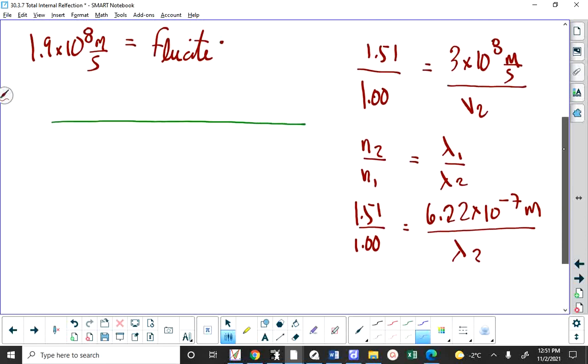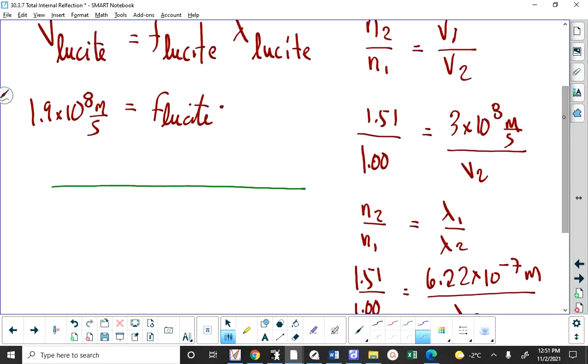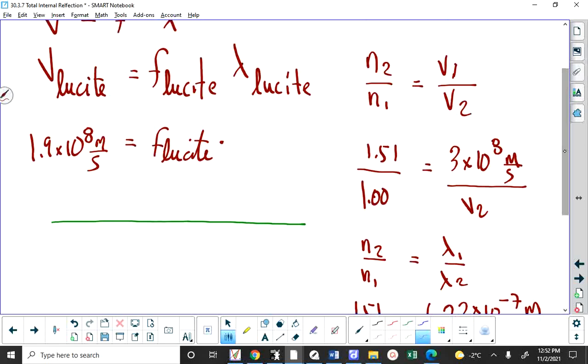I want to stop for a second here because I could have just put 622 nanometers here. I could use nanometers in Snell's law. The only problem is looking ahead, this wavelength needs to be in meters for the universal wave equation to work. Okay.